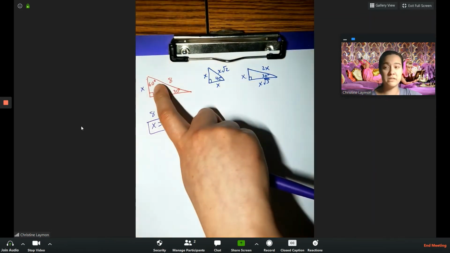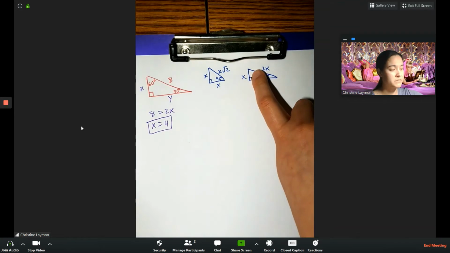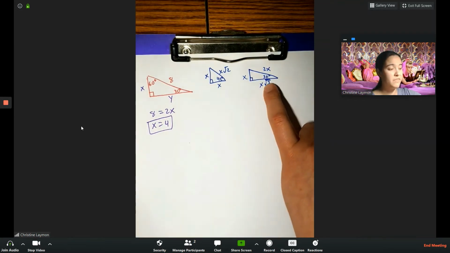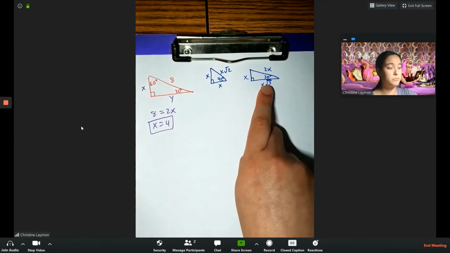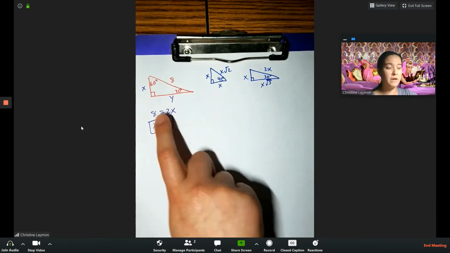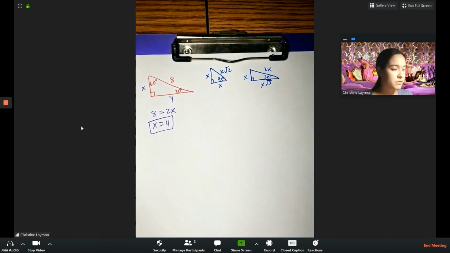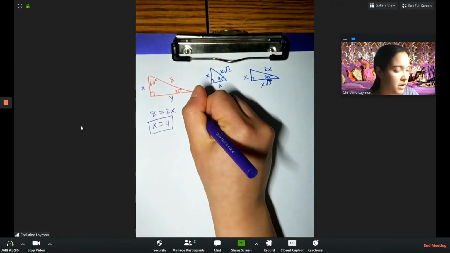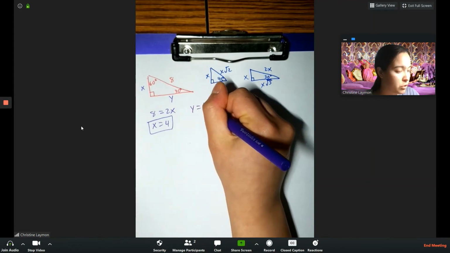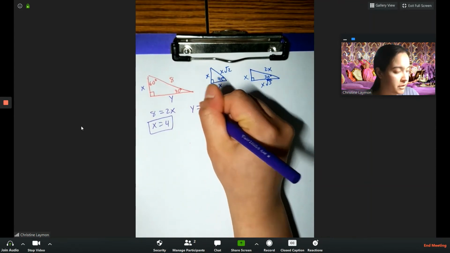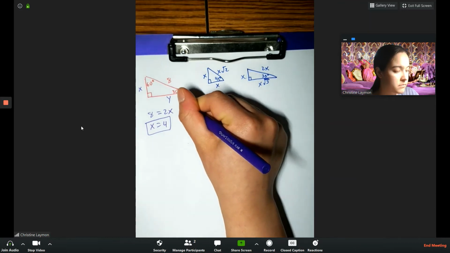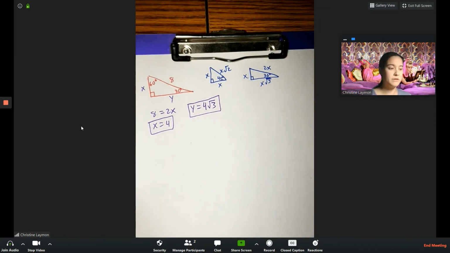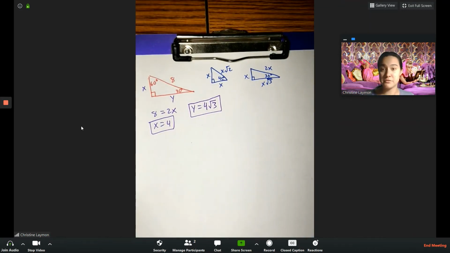It is opposite the 60, so it'll be opposite the 60 over here. To find that one, take the shortest side and multiply by root 3. Well, we found the shortest side. It's 4. So to get to y, it's just y equals 4 root 3. So that was an example given the hypotenuse.